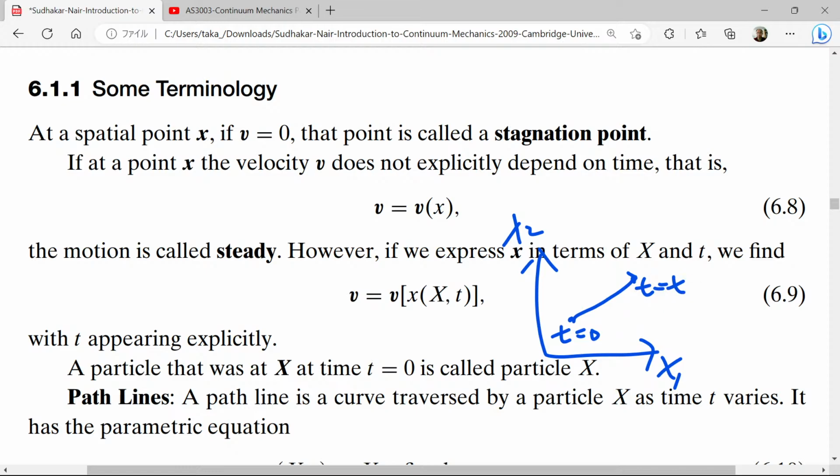But if you look at the spatial coordinate x1, it is just one point, from t equals 0 to t, the same point.